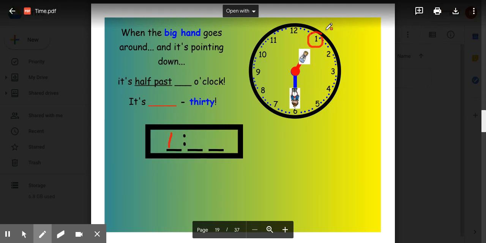But just to make sure, I'm going to count anyway. 5, 10, 15, 20, 25, 30. When the big hand goes around and it's pointing down, it's 1 o'clock. It's 1:30.